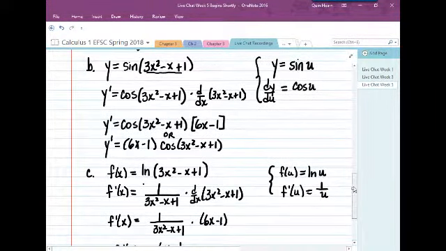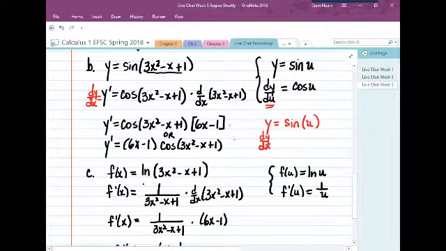For B here, what happened was we had y equal to the sine of something other than x, u. But instead of differentiating with respect to what was in the argument, we differentiated with respect to x, right? This is dy dx that we're finding here.